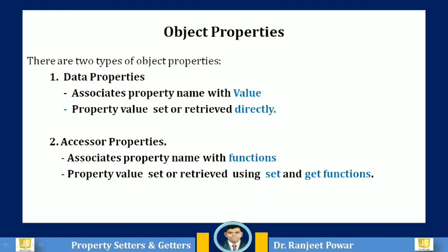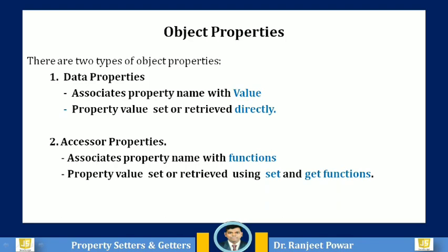A JavaScript object is a collection of unordered properties. Properties can be changed, added, or deleted, but some are read only. There are two types of object properties. The first, that is data properties, and the second one, that is accessor properties.